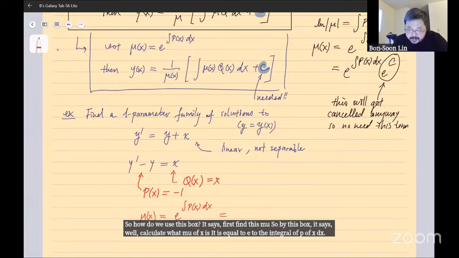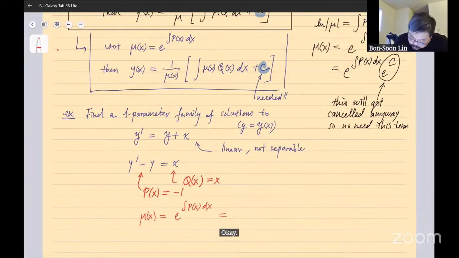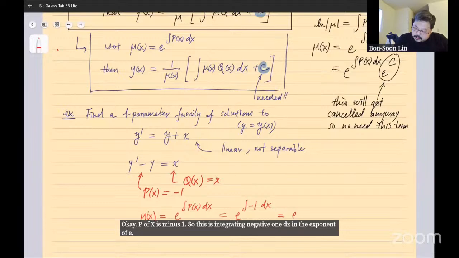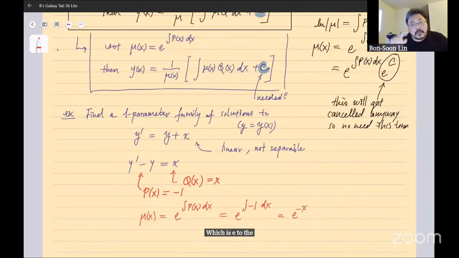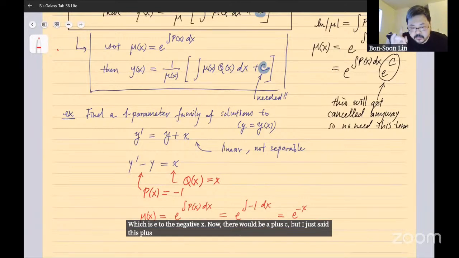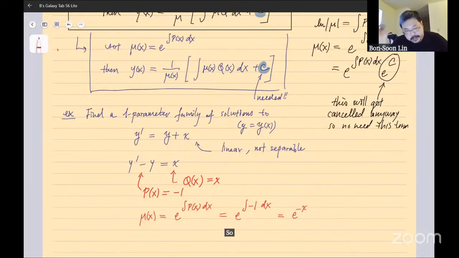P of x is minus 1, so integrating negative 1 dx in the exponent of e gives e to the negative x. Now, there would be a plus c, but I just said this plus c is not necessary for mu. So we don't need any c's here. Done. We got the mu.